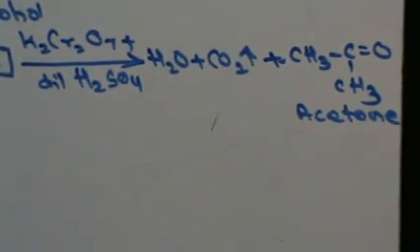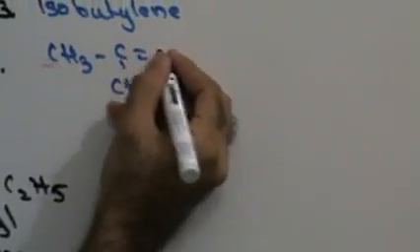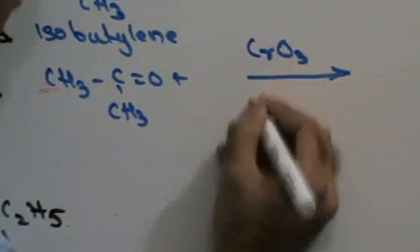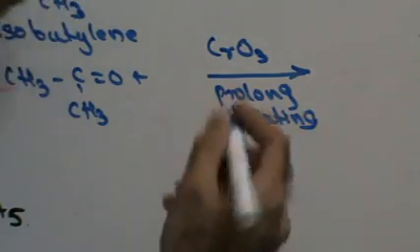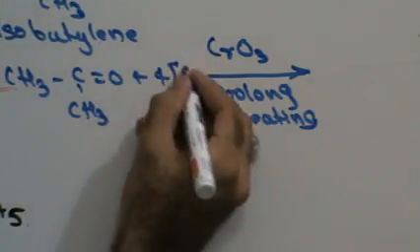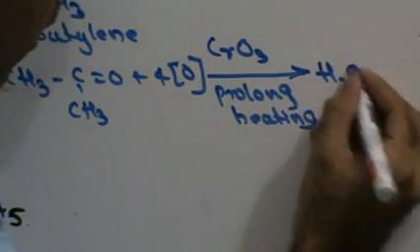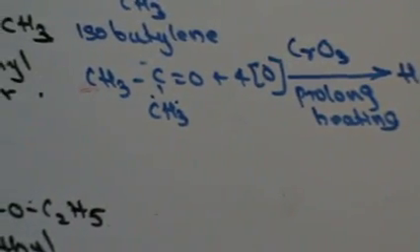Now the acetone so formed, CH3C, CH3, double bond O, will react with chromium oxides for prolonged heating to get oxidized. It will get oxidized to further form water, carbon dioxide gas, water, dehydration taking place, 2 hydrogens are out, 1 carbon is also out, and 3 hydrogens are out.